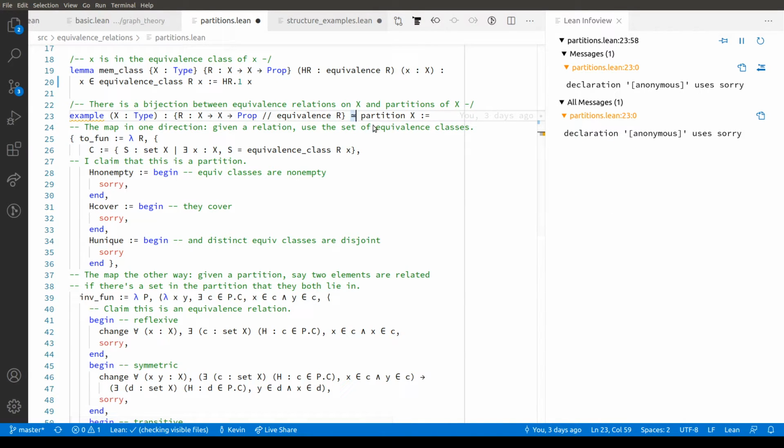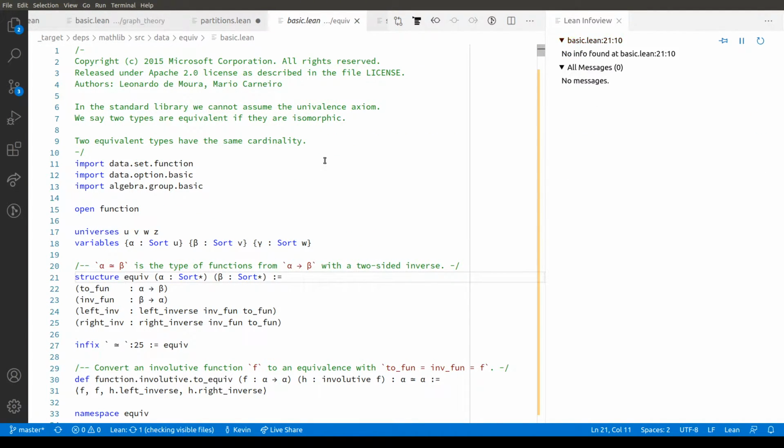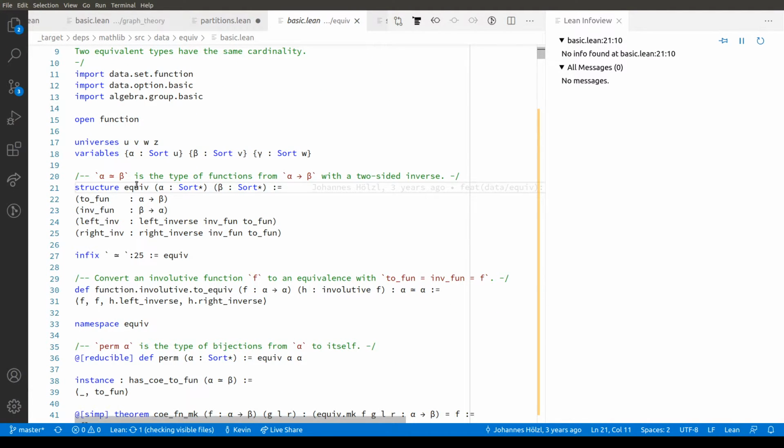Let's go to this definition of equiv. I can't find the definition. Go to definition. Oh, here we are, great. This is the definition of equiv, not to be confused with equivalence relations. An equiv between two types alpha and beta is another structure, which I thought would be kind of cool to look at.